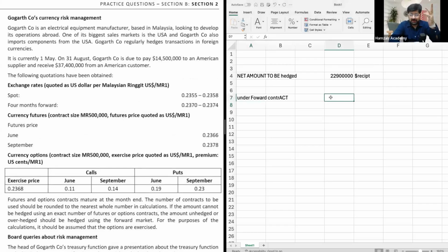So forward contract, this amount, it is given in dollar per ringgit. Malaysian company, they want the answer in ringgit, so dollars divided by dollar per ringgit. Then the answer is in ringgit. They have to receive less.